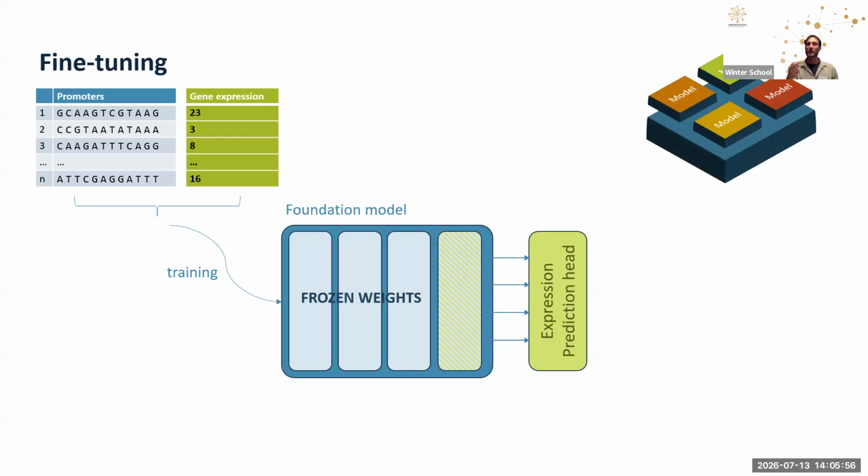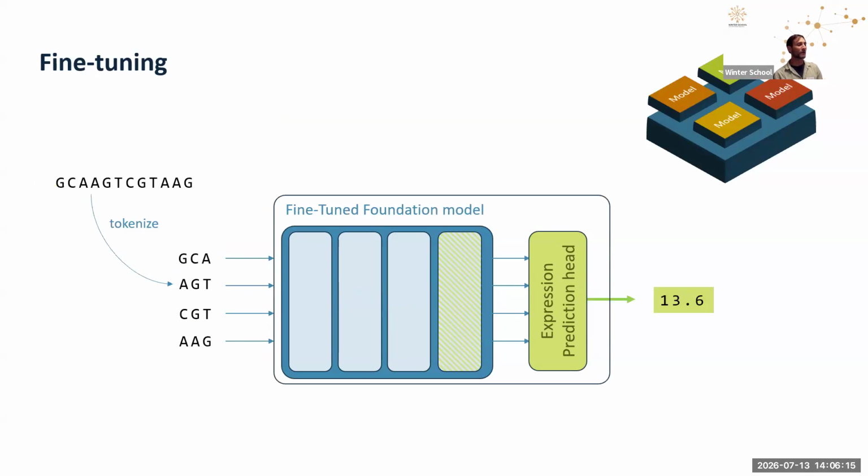They can also do some learning in that training process. What you end up with is a modified foundation model that's tilted towards predicting gene expression, coupled with a specialized prediction head entirely geared towards predicting gene expression. With it, you have a fine-tuned foundation model. Now you can take any stretch of DNA, put it in there, and get a gene expression prediction.